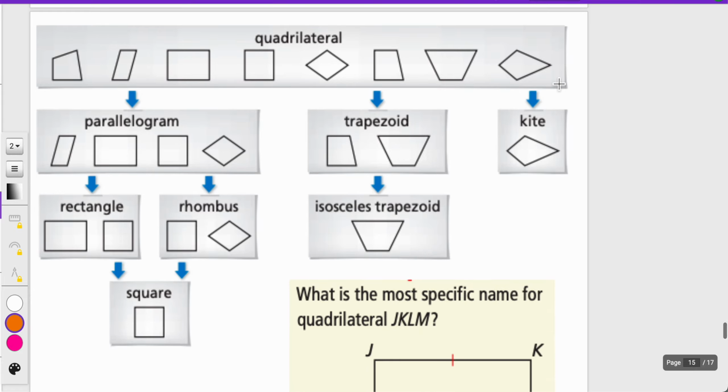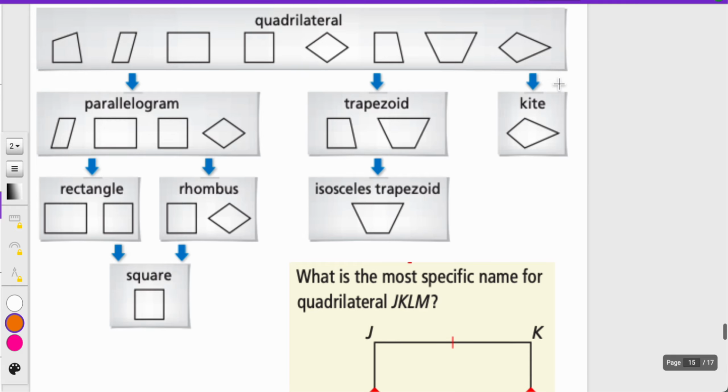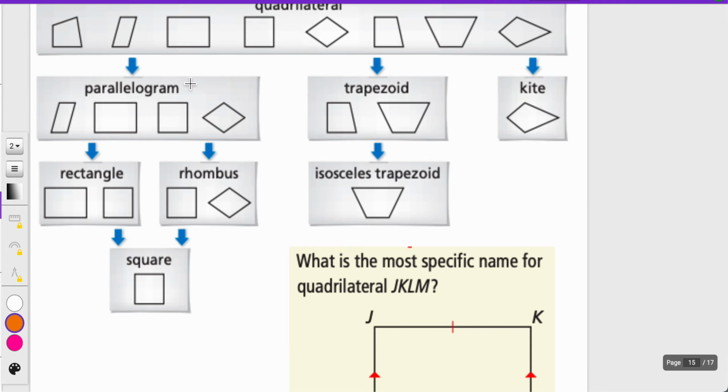The next thing you're going to see is a flow chart of quadrilateral types. We have all types of quadrilaterals. They fall under 3 categories: parallelograms, trapezoids, or kites. Remember, parallelograms have 2 pairs of parallel sides. A trapezoid has 1 pair of parallel sides. A kite has 2 pairs of consecutive congruent sides.